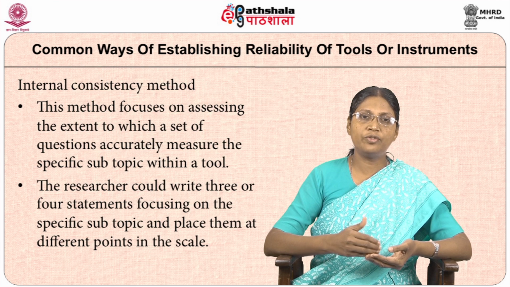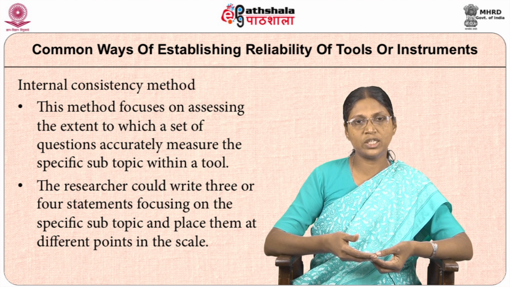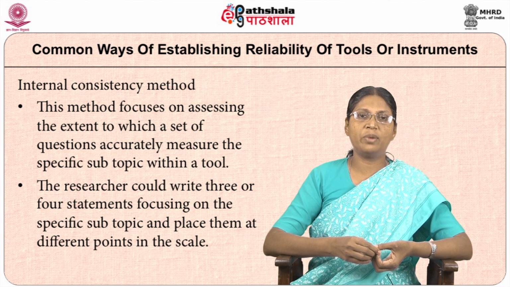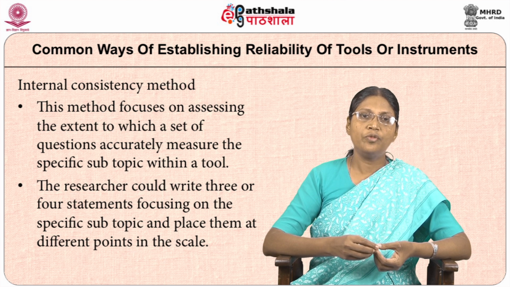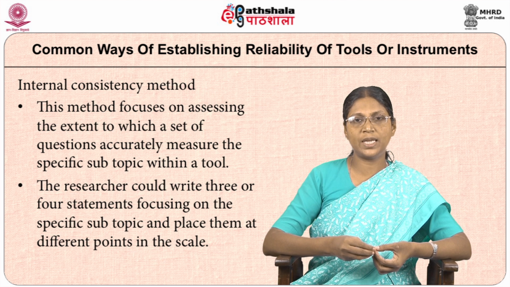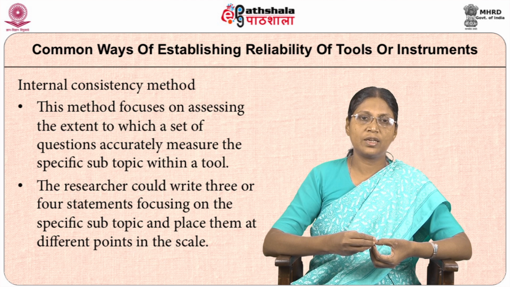Internal consistency method. This method focuses on assessing the extent to which a set of questions accurately measure the specific subtopic within a tool. If we continue with the above example, to measure internal consistency, we would write 3 or 4 statements relating to feelings of uselessness and place them at different points in the scale.